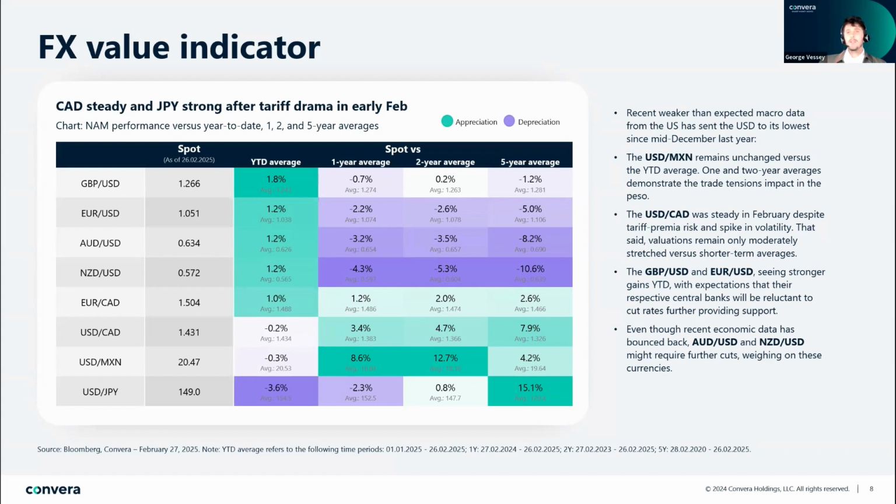And then finally, the Canadian dollar, despite being in a steady-ish trend in February, quite range-bound really, valuations remain moderately stretched versus shorter-term averages, although it's 8% below its 5-year average versus the US dollar. So no surprise there really, given the tariff risk premia rising and jolting implied volatility expectations in the CAD over the course of the next month or so.